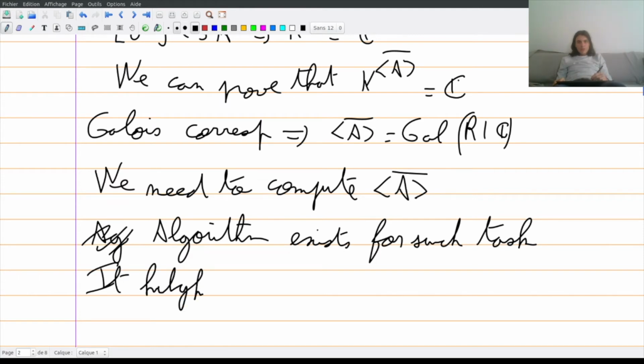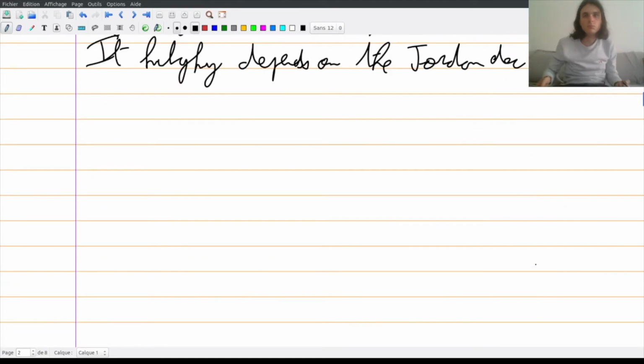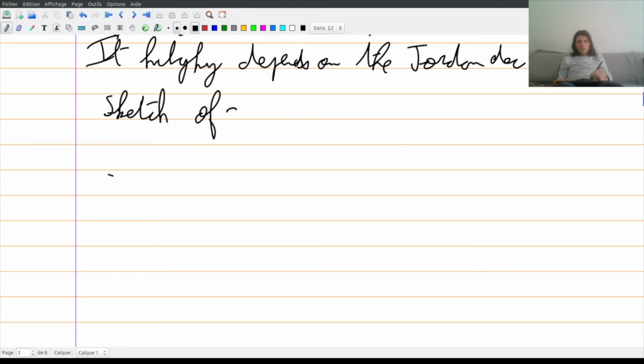It highly depends on the Jordan decomposition of A. So I will sketch the algorithm in a particular case, when A is diagonalizable.